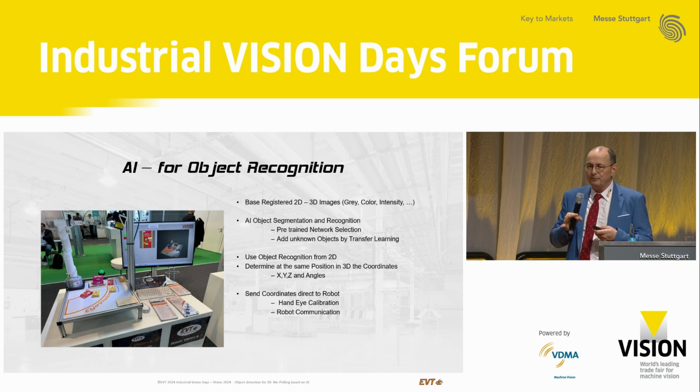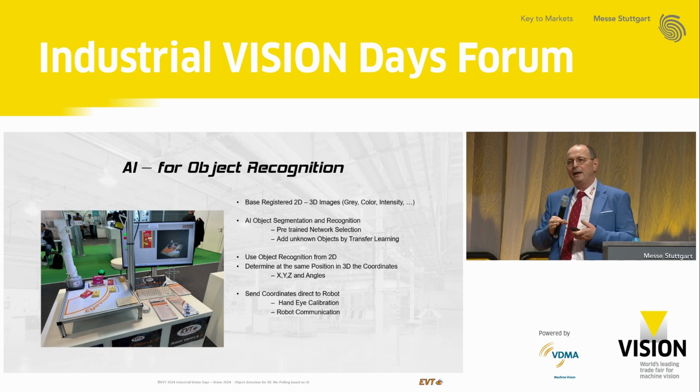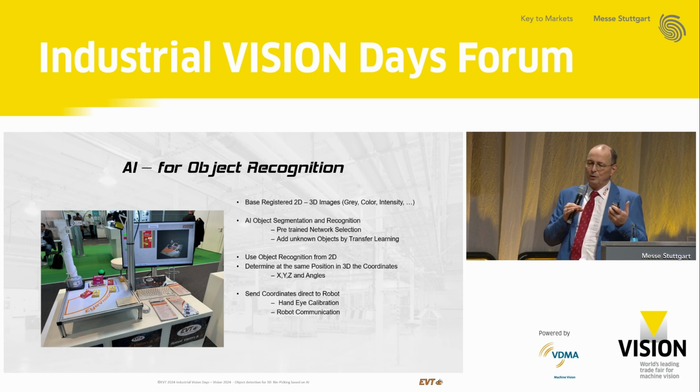If the pre-trained network is not working, of course, you immediately have the option to use the integrated transfer learning. That means you use one of our pre-trained networks and you add your part or your object to the network. The advantage is the time to market is faster.